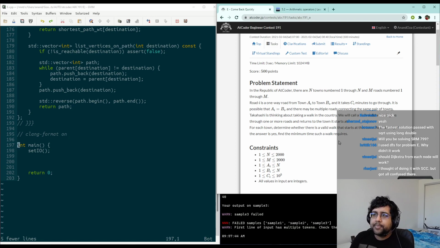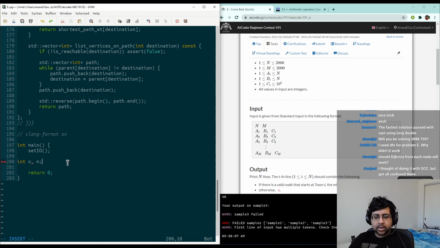I guess you only want to compute the distance from stuff to other stuff in its SCC, but you could have the whole graph being one SCC, in which case I don't think that really helps you with any optimization. And then you end up back with the same solution that we had here.